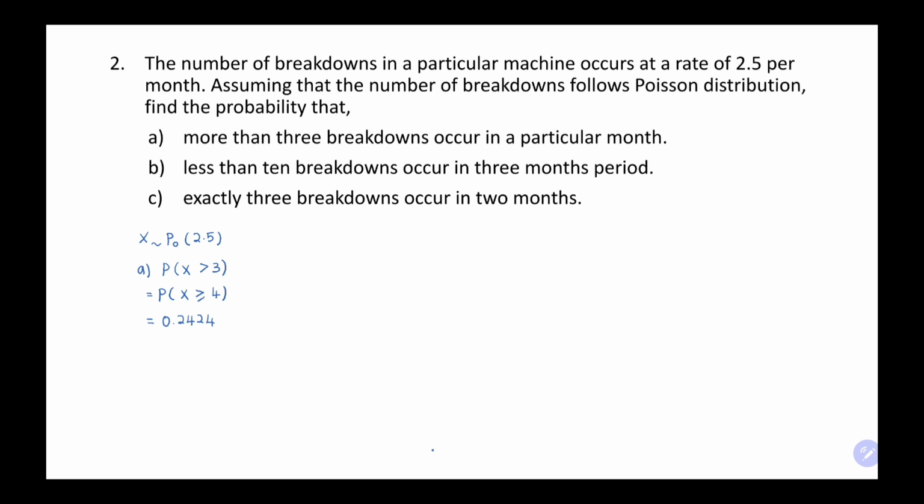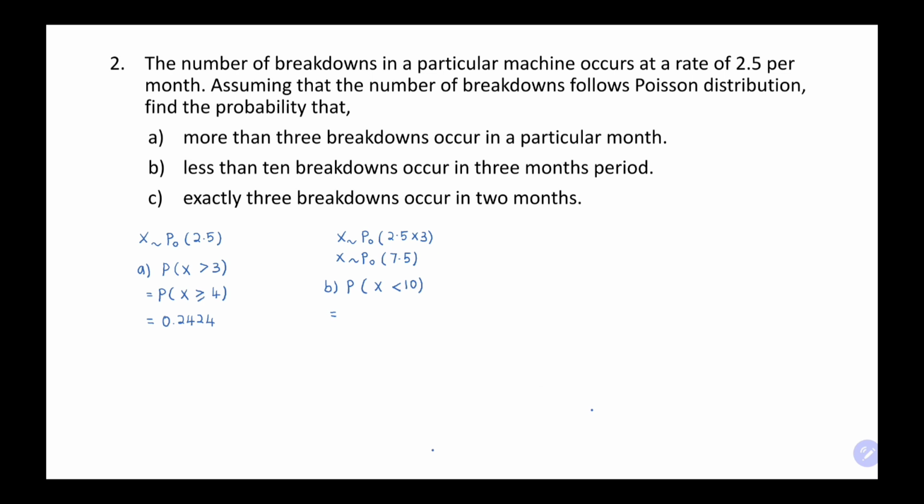Next, question B. Less than 10 breakdowns occur in a 3-month period. Now 2.5 is lambda for 1 month, and we want to find it for 3 months. So our lambda changes to 2.5 times 3, so we have lambda equals 7.5. The question asks to find less than 10 breakdowns, so we want to find P(X less than 10). We cannot read less than 10 from the table, so we need to change it.